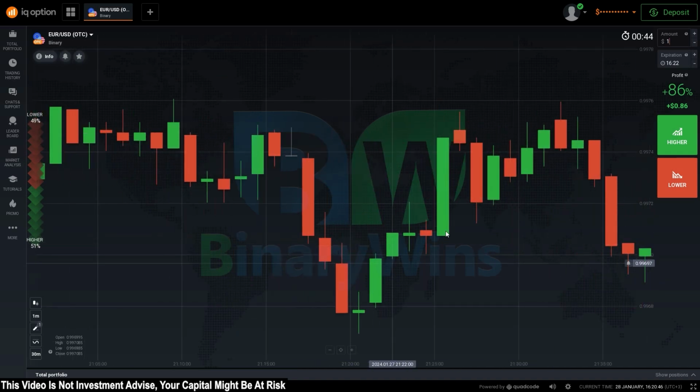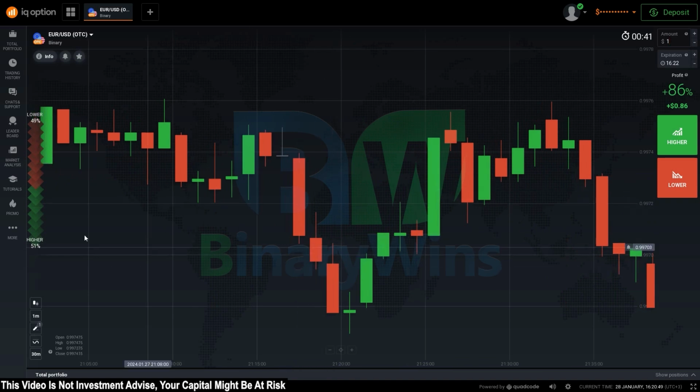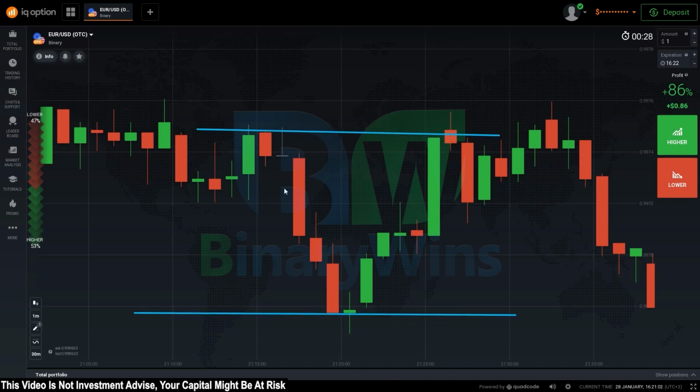Well, look at this example. It's a very good example for the topic I explained earlier. See this momentum trend? It started from here, it reached this level, the candle formed a new high, and we could enter a higher trade on this candle.